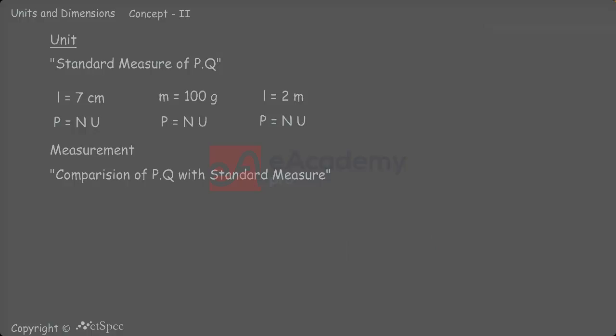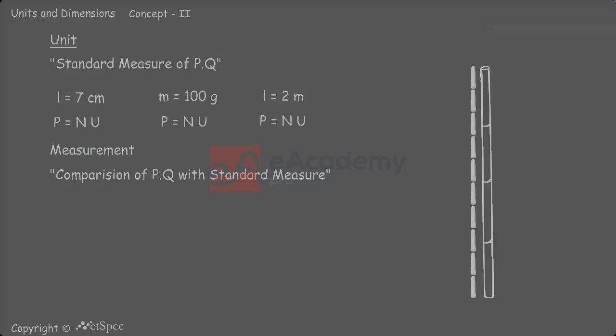If I want to measure the length of this stick, step 1 is to choose a standard measure. Let us consider this chalk to be the standard measure. We need to find out how many times of this standard measure is the length of stick. Let's find out. 1, 2, 10.